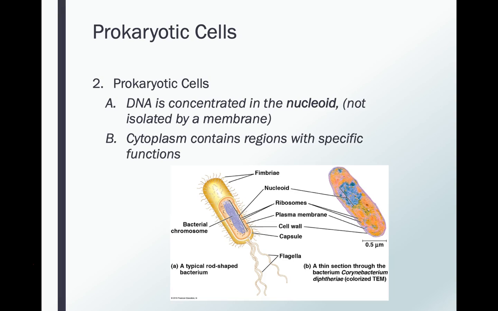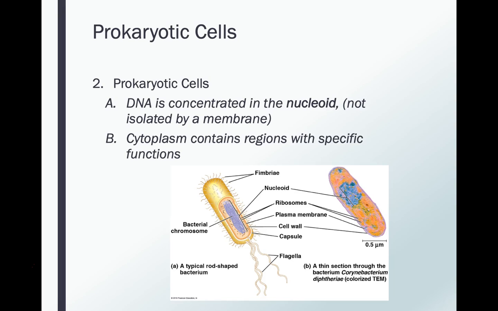Although DNA is not isolated in a nucleus, it is concentrated in a region called the nucleoid. So it is sort of all compact together, and it still takes up a large volume of the cell. It's just not specifically isolated from the rest of the cell.